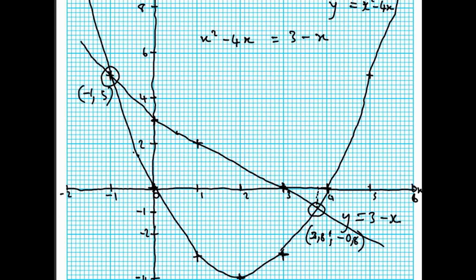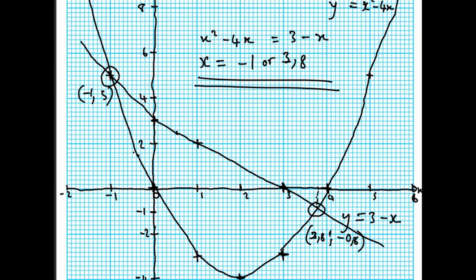So those are our points. Remember, the points where our graphs meet. It should not trouble us anymore. We should just know that x is equal to the value of x here, -1, or the value of x here, actually 3.8. This is going to be our answer.